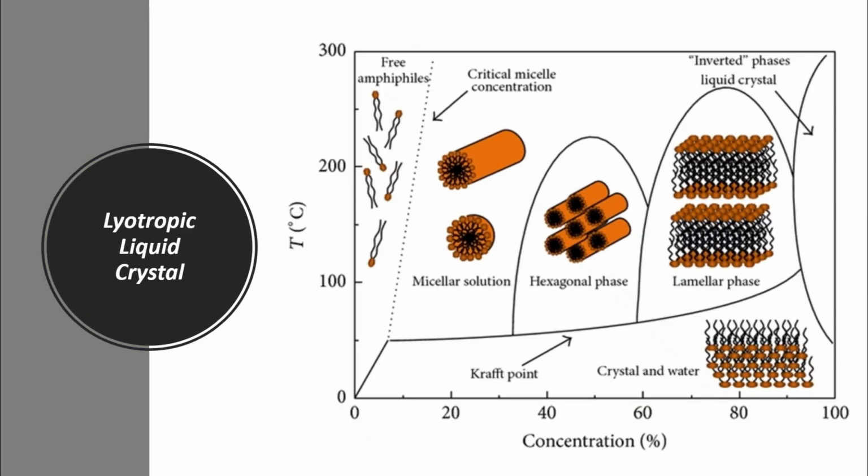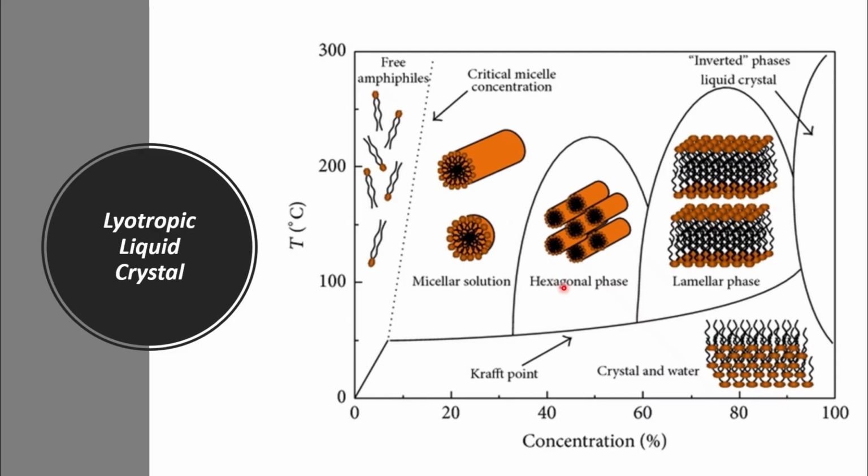On the other side, the lyotropic liquid crystals are exhibited by molecules when they are mixed with a solvent of some kind. As you can see here, they are free amphiphilic molecules, and when they are mixed in a solvent, they form an arrangement and make these kinds of structures.